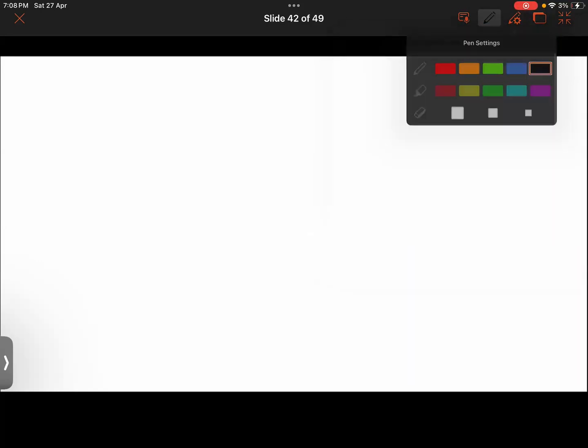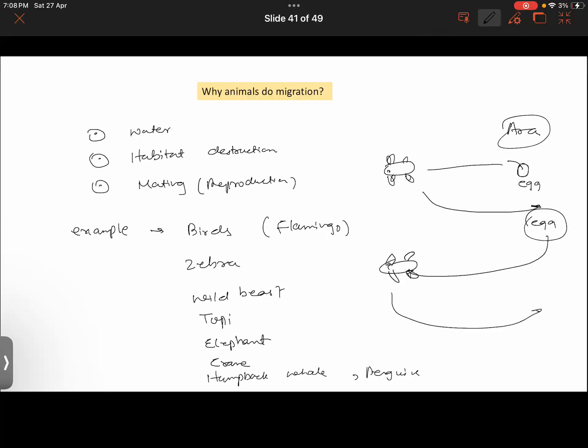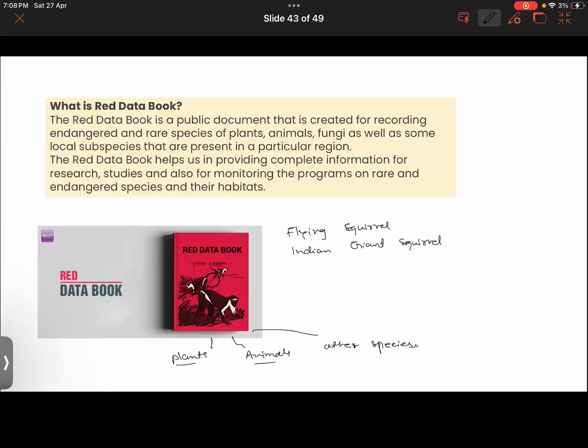Or if the weather conditions become very extreme. So we can add one more: habitat destruction, or we could say that extreme weather conditions will also be responsible for this. So I hope that is clear.